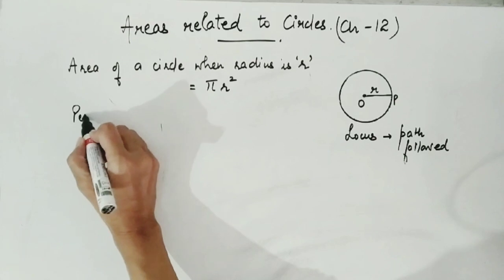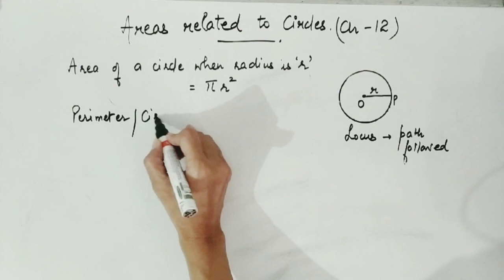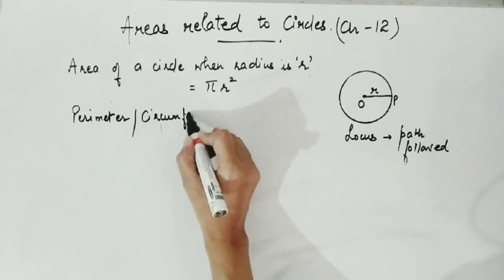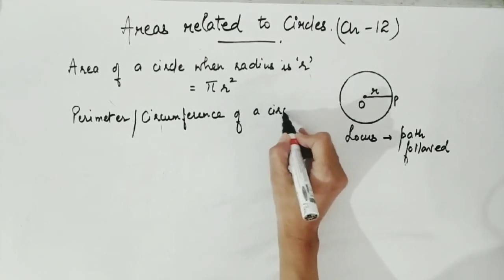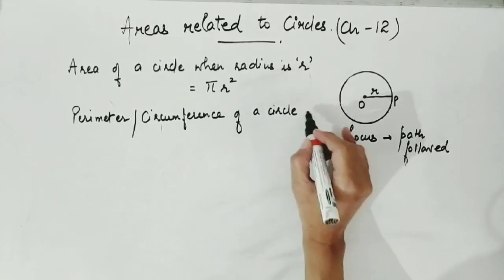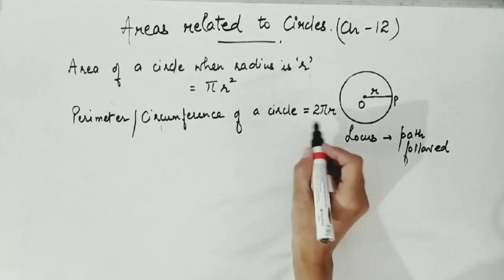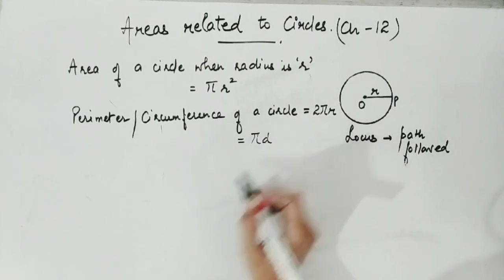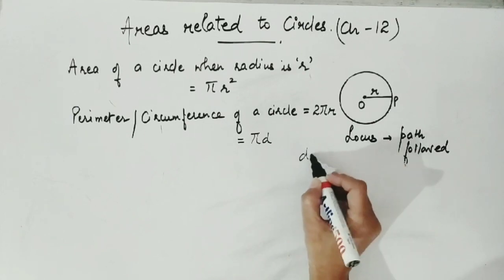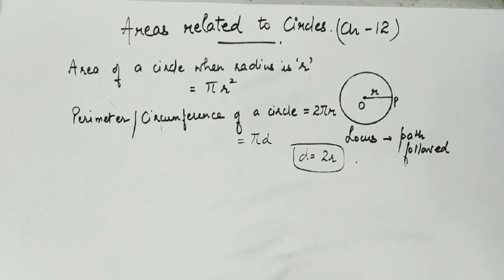And how do you find perimeter, or circumference, of a circle? In case you know the radius, then it would be 2 times pi r, and if radius is not given but diameter is given, then it would be pi into d, because we know diameter is 2 times r.